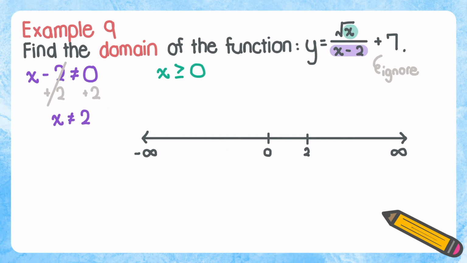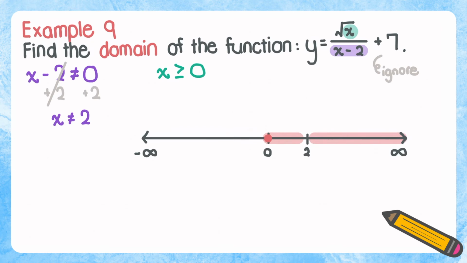We know that x is going to be greater than or equal to 0, and we also know that x cannot equal 2. So we start right at 0 and keep moving to the right, but we have to hop over 2 and then keep going all the way to positive infinity.